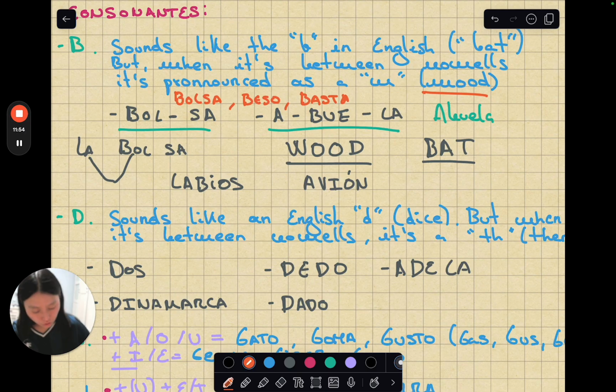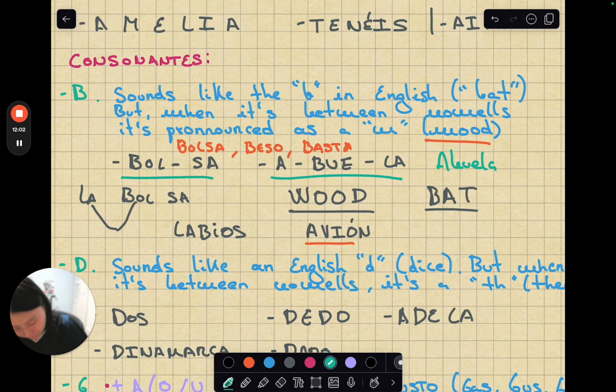And the same would go for the V. The V and the B are the same in Spanish. Okay? Let me put that here. B equals V. We don't distinguish between the B sound and the V sound. They're the same for us. So all this that I'm explaining also applies to the V. All right? So again, it's a B sound, but whenever it goes between vowels, it's a V sound.